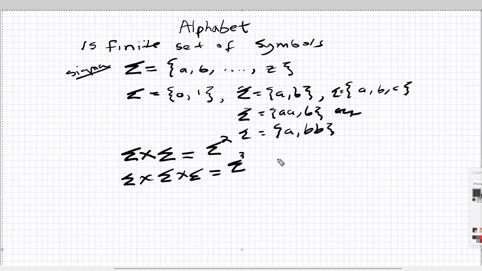If you want to see something like a cat has 3 letters, or a dog has 3 letters, this is like a string of 3 characters in this case. So all the way to sigma to the power n, a set that contains strings of n letters or characters.